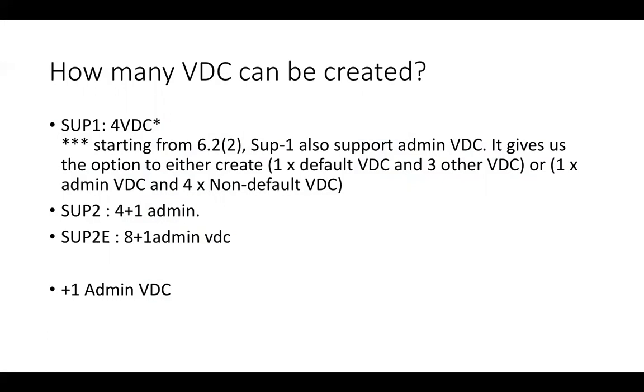In newer NXOS, we can create 4 plus 1 VDC. On SUP2, we can have 4 plus 1 VDC. If we are running SUP2E, we can have 8 plus 1 VDC. When I say plus 1, I mean plus 1 admin VDC. We'll discuss admin VDC in the next few slides. Okay.